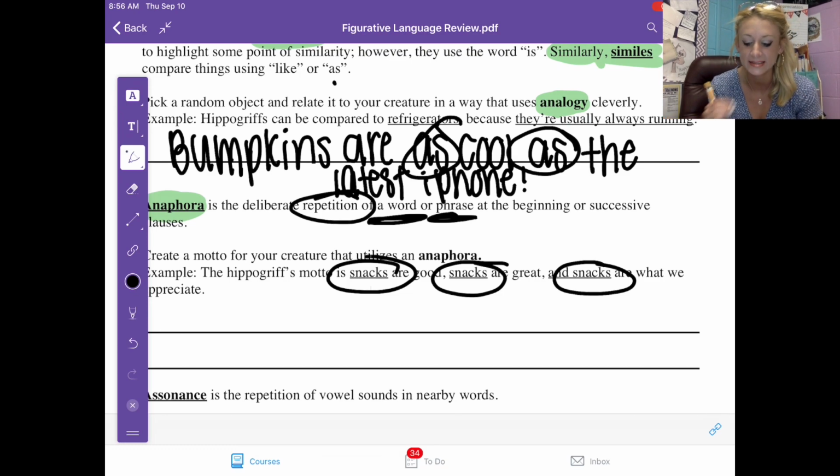So here's an example. Hippogriff's motto is snacks are good, snacks are great, snacks are what we appreciate. So you're going to create a motto for your creature that uses an anaphora. So let's do that one now.